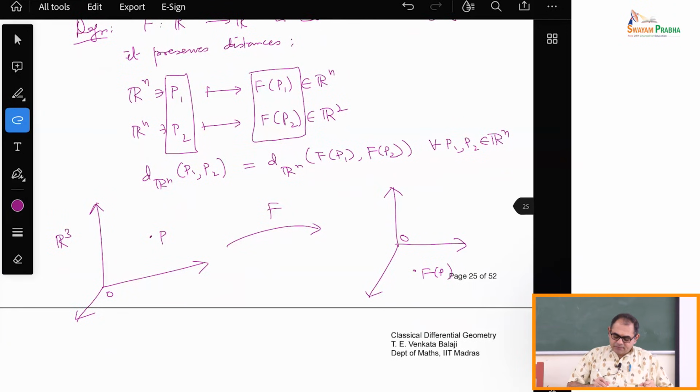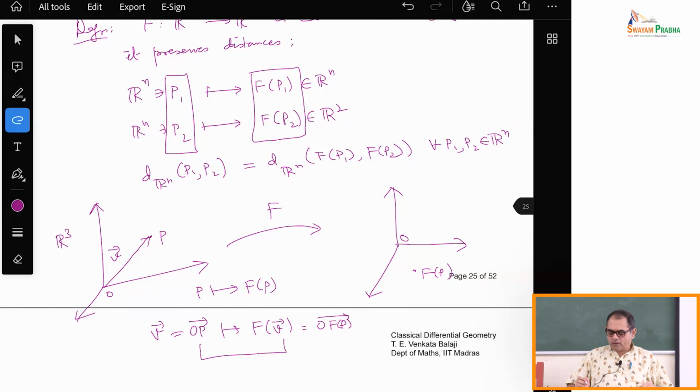So you can also write this map, P going to F of P, as this vector. If I call this vector V, then you have this vector OP, which is your V vector, and you are sending it to F of V, and F of V will actually be the vector O F of P. So this is the notation.